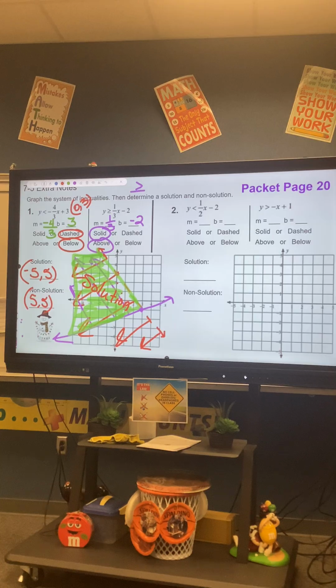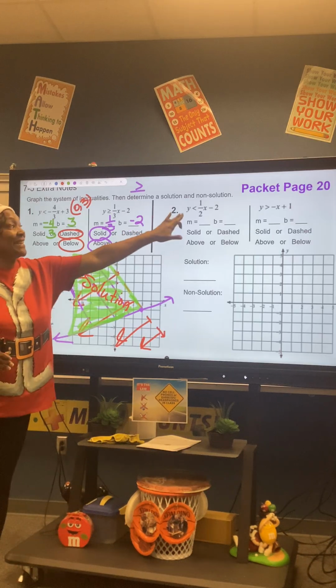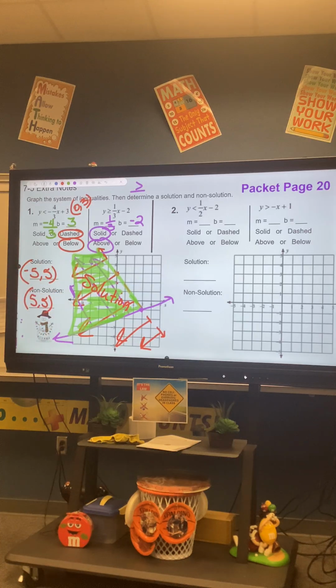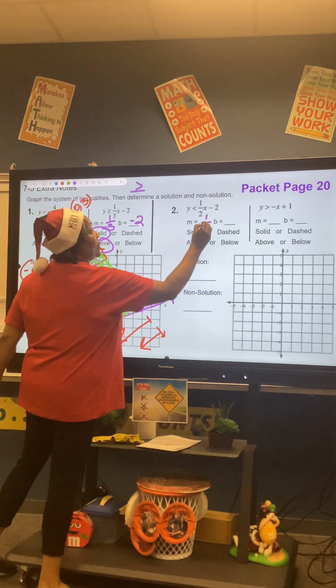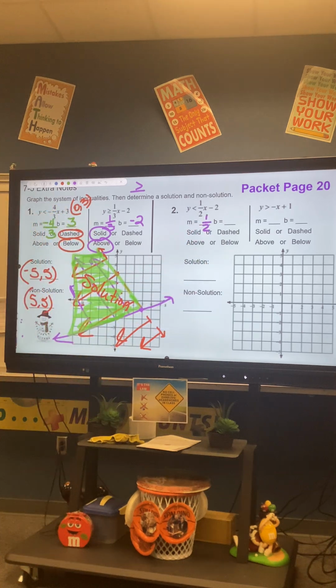Anybody confused? All right, let's try it again. y is less than 1/2 x minus 2. What is my slope? 1 over what? 1 over 2. If I have a positive slope, is that line going to go up or is that line going down? It goes up because it's positive, right?